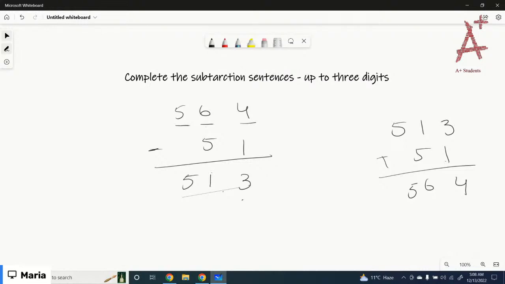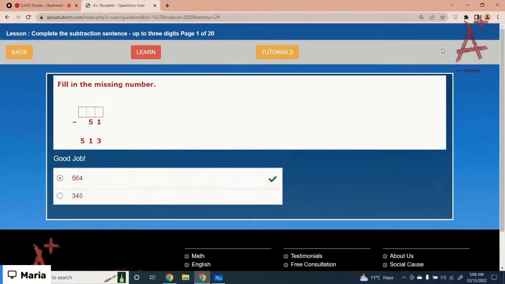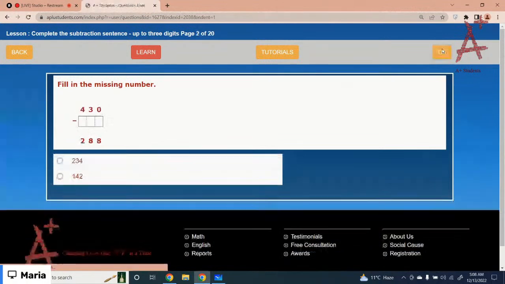Just look at the questions I am explaining. It would be 564. So when you are given one of the numbers and the difference, you can add them to find the missing number. Just select the correct option, then click on the OK button.